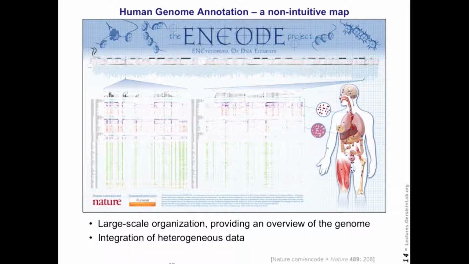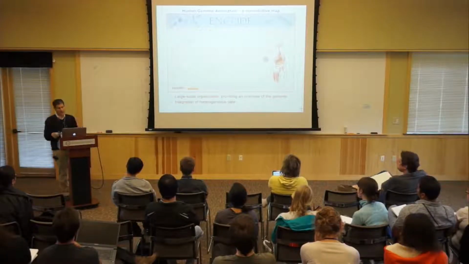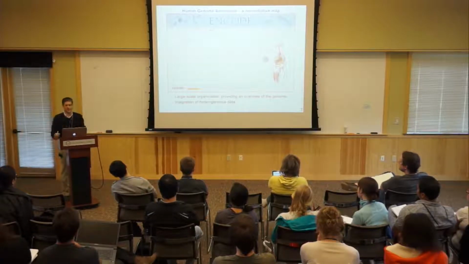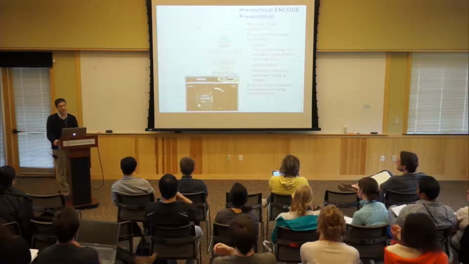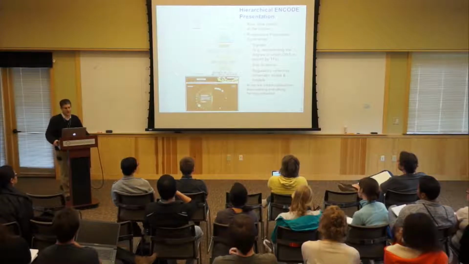There's the picture of the chromosomes, which you're probably all used to, but there really isn't anything as intuitive as looking out in the sky and seeing the Big Dipper and the moon and stuff like that. But ENCODE is trying to give us that map of the genome, and that's the annotation, by layering a lot of data together. So I'm going to talk a little bit about this type of presentation today.